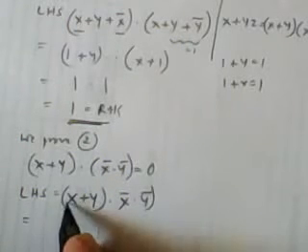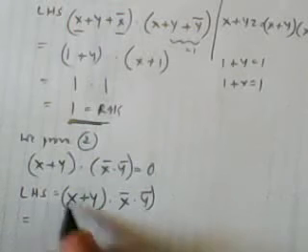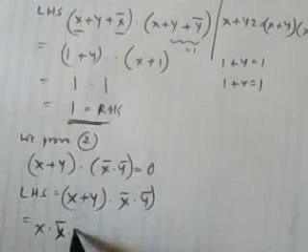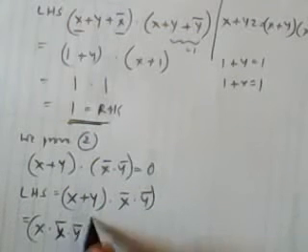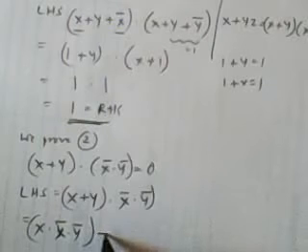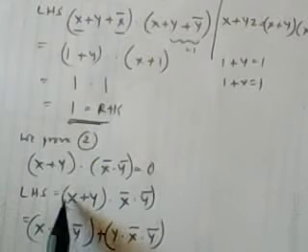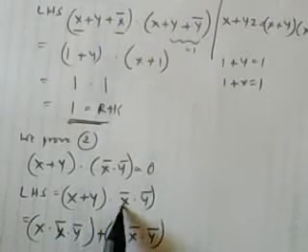You split with respect to, you multiply: x · x̄ · ȳ plus y · x̄ · ȳ. Just multiply: x into x̄ into ȳ plus y into x̄ into ȳ.